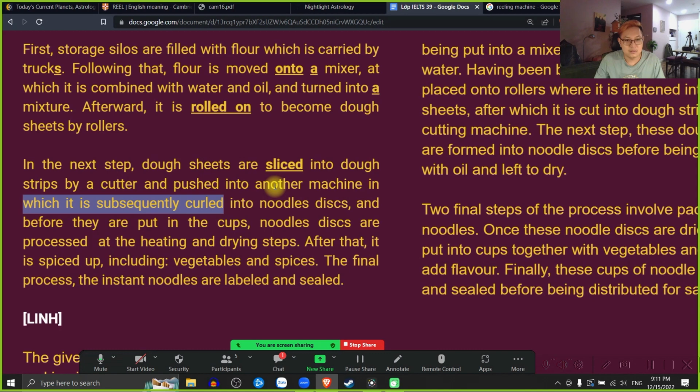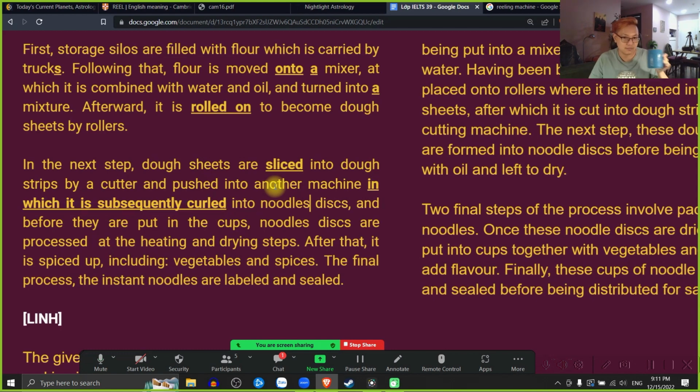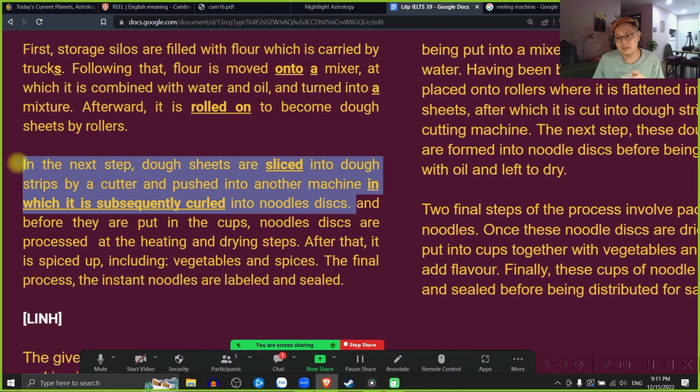Được đẩy vào trong một cỗ máy khác mà trong đó nó tiếp tục được cuộn lại thành những cái đĩa mì. Let's just say that. Cái chỗ này nên tách nó thành câu luôn rồi. You need to split this one because this sentence is too long already. Cái câu này quá dài rồi. Tách ra đi.